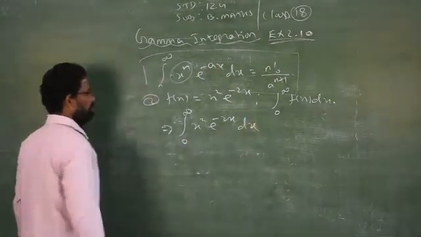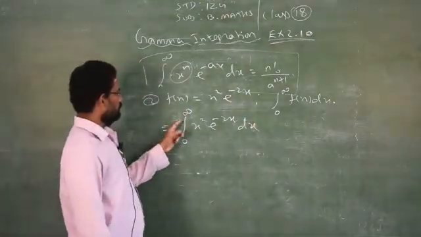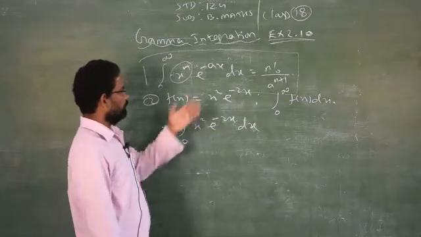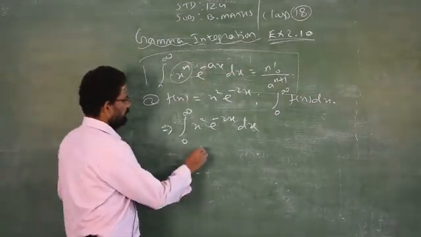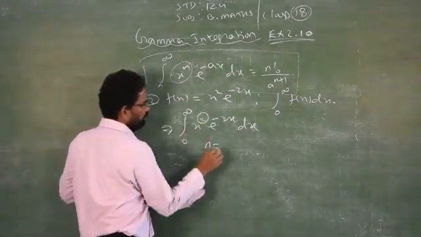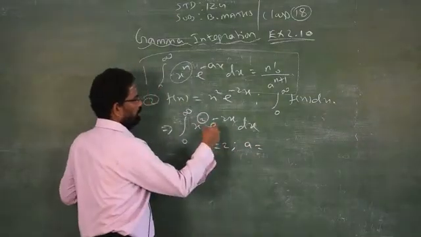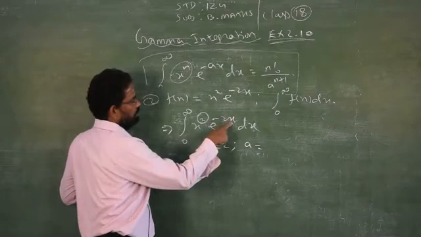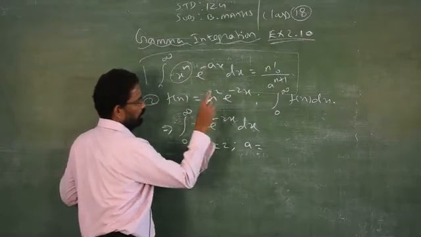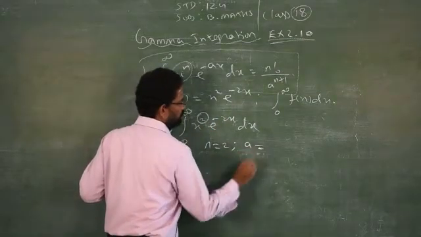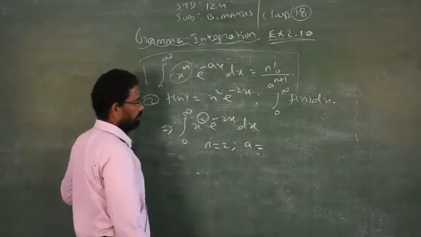So very simple. You see the limit is 0 to infinity and the power of e is negative, therefore you can apply the gamma integration. So n is equal to the power of x, which is 2, and a is the coefficient of x in the power of e. You have to take minus 2 or plus 2. If you take minus 2, your answer is wrong.